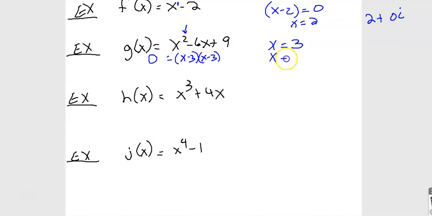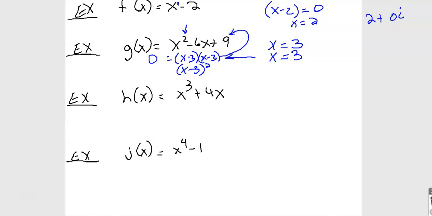You could say this is repeated. Remember we talked about multiplicity? So there are 2 zeros, they just happen to be repeated. When you look at the graph, you're only going to see 1 zero, but that's because you have x minus 3 times x minus 3, and that multiplies together to be that trinomial.